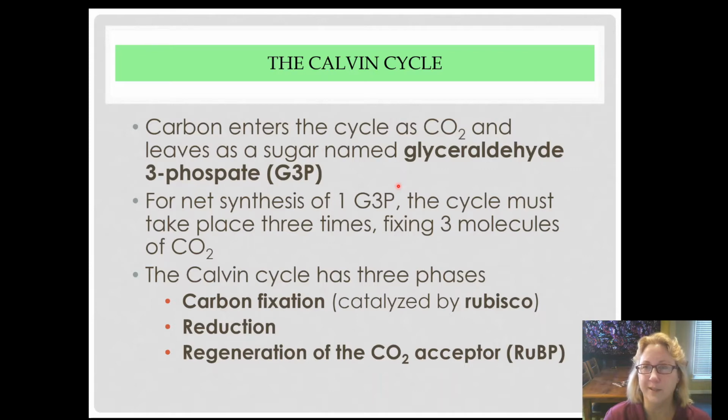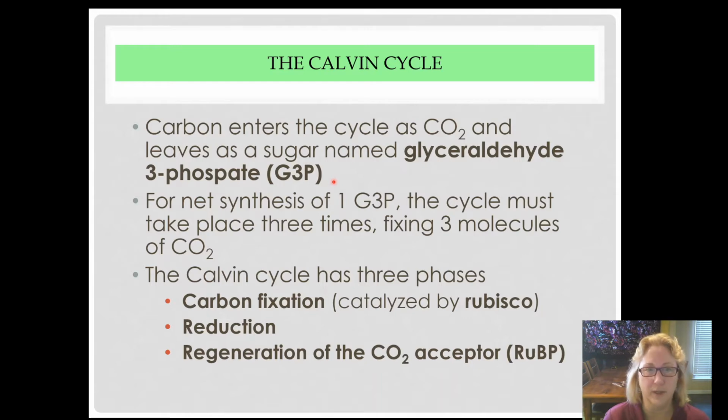Partway between glucose and pyruvate in respiration, we had G3P being produced. So that's why I mentioned that this is an important metabolic intermediate. G3P can come and go from respiration and photosynthesis. This is the first product of the synthesis reactions, and two G3Ps can be fused together to make one glucose molecule.